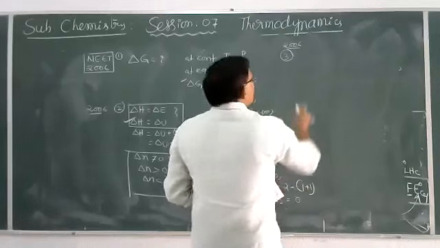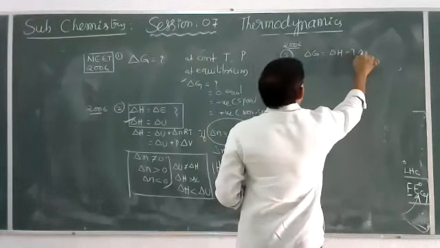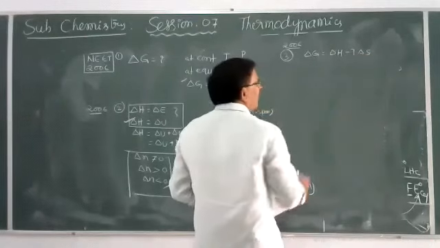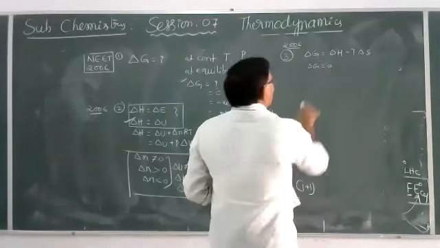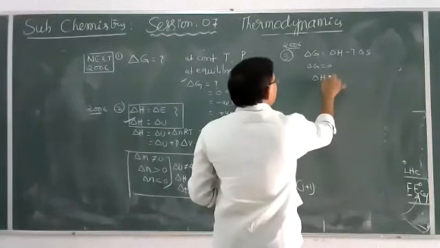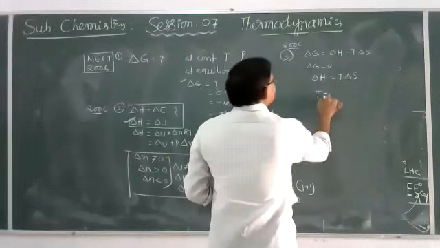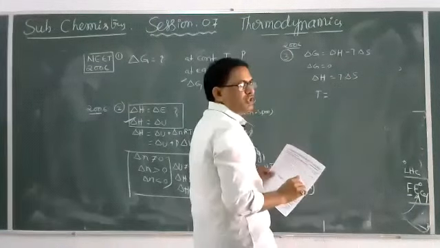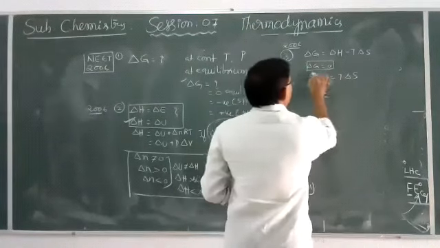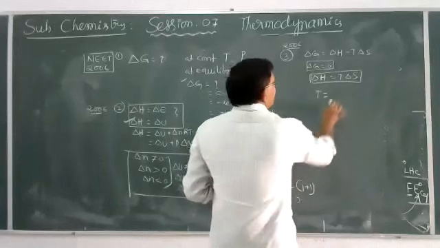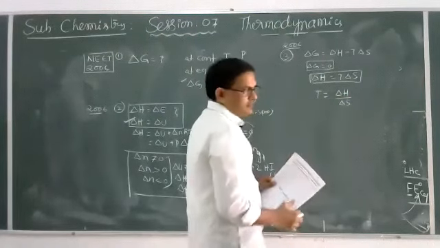We know delta G is equal to delta H minus T delta S. Now at equilibrium, delta G is equal to 0. In such a case, delta H is equal to T delta S. At what temperature are they in equilibrium? Using delta G equal to 0, T is equal to delta H divided by delta S.